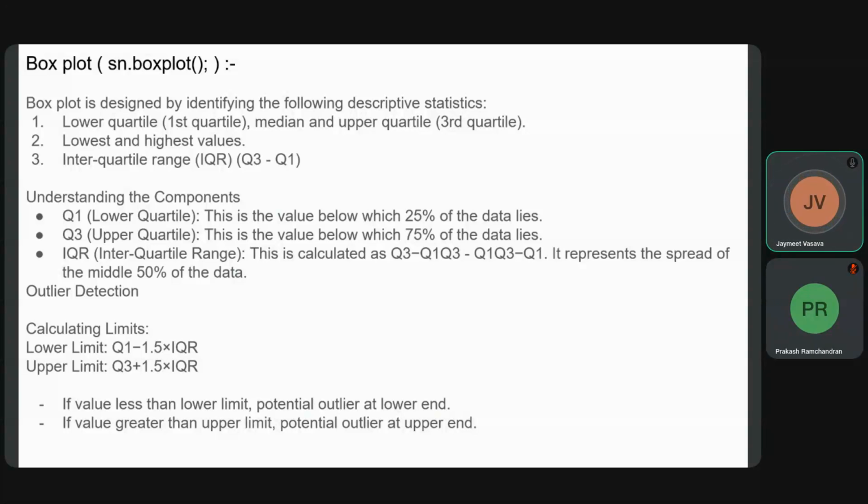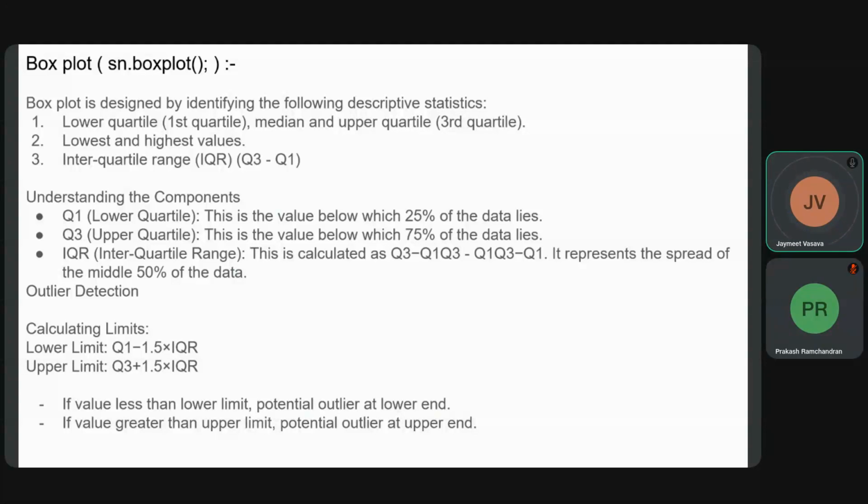If we want to calculate the lower limit and upper limit, you will see why we want to do that. This is the formula for it. When we calculate the lower limit and upper limit from these quartiles, we get a limit for the lower end and the upper end. These limits help us to identify some of the outliers that can be present in the data.